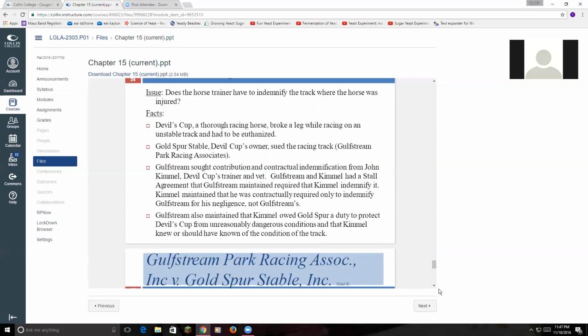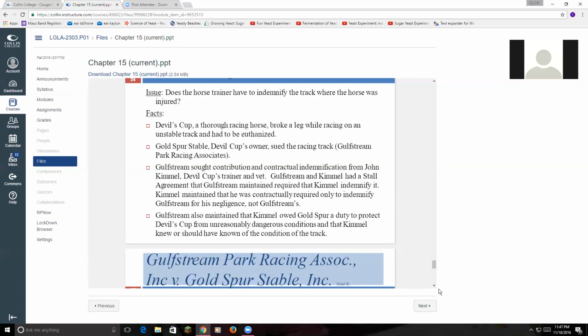Apparently there was a stall agreement, and one of its provisions concerns a place where the horse is maintained before and after the race. It's basically giving that horse the permission to be at this place, and giving Kimmel the right to be a trainer at this facility.